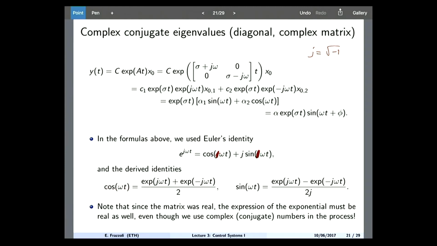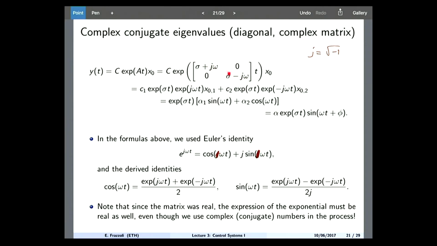And whenever you see the difference, exp j omega t minus exp minus j omega t, this corresponds to the sine.